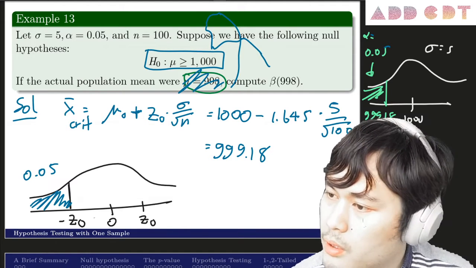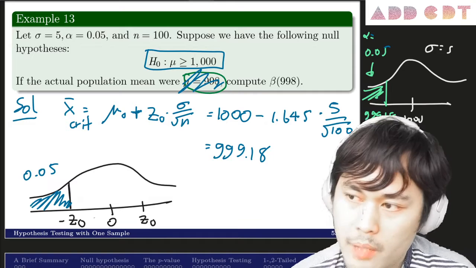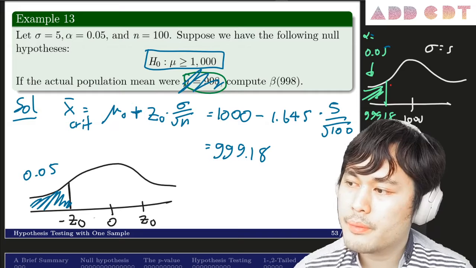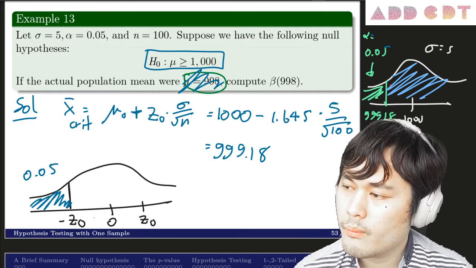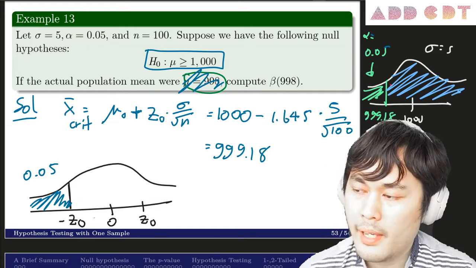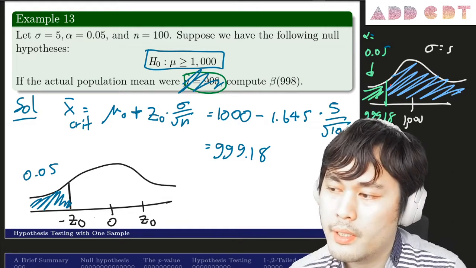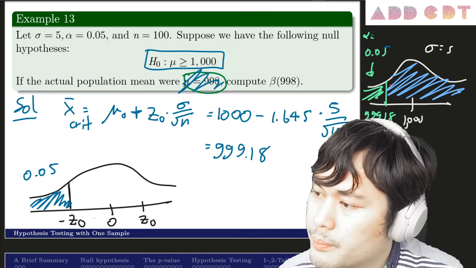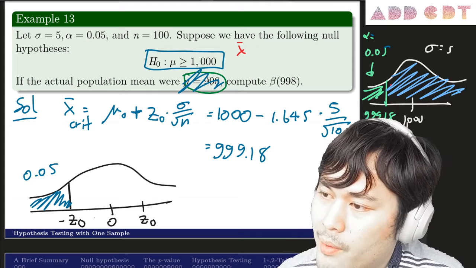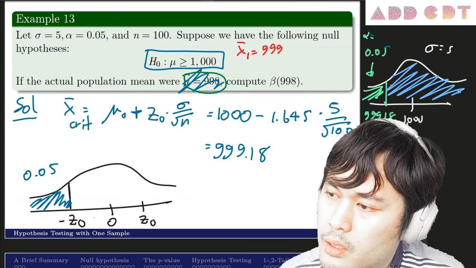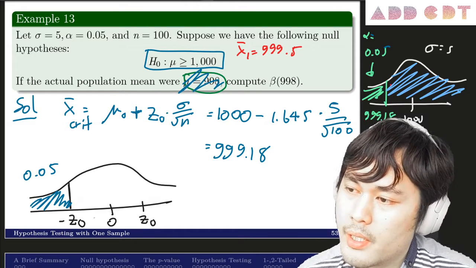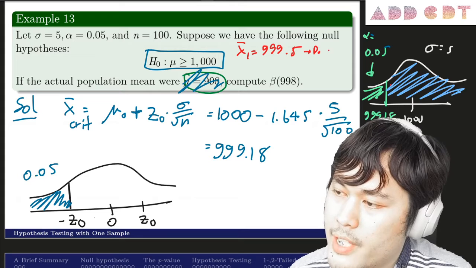When we have that image, that means if the sample mean is in the blue area, say we collect samples and get an average x bar 1 of 999.5, that means it agrees with our assumption. In this case, we do not reject.